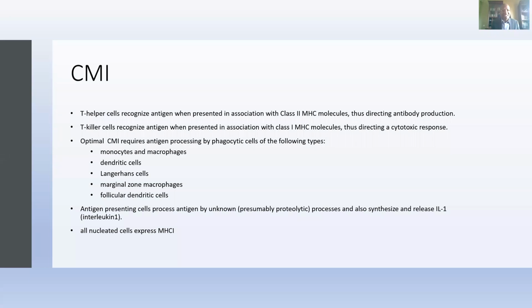Then there are the CD8 T cells, which, when activated by these cytokines produced as a result of antigen being recognized, will turn into cytotoxic killer cells or T killer cells, cytotoxic T lymphocytes. These are able to remove the cells with intracellular infections.